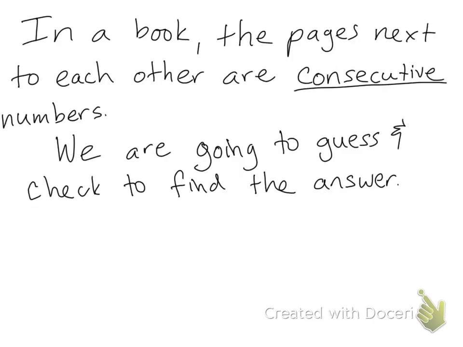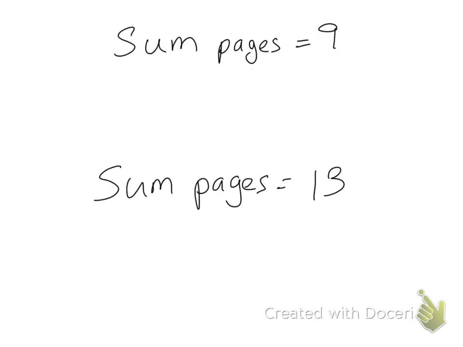Okay, so let's just first think what two pages, the sum of the pages would equal 9 on consecutive pages. Well, I know the numbers that add up to 9. We could do 1 plus 8, 2 plus 7. But if you notice, these numbers are not consecutive or right next to each other.